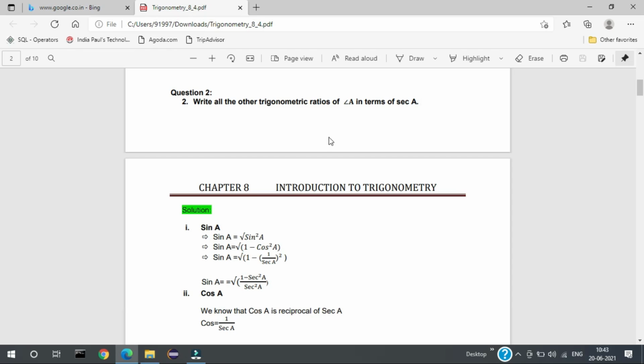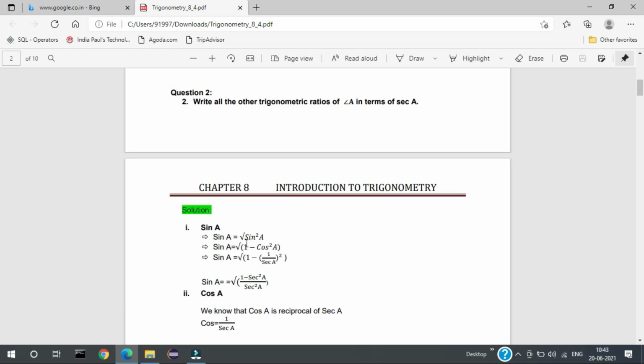First we go for sin A. Sin A equals root of sin square A. Sin square A can be written as 1 minus cos square A, since we know the identity sin square A plus cos square A equals 1.